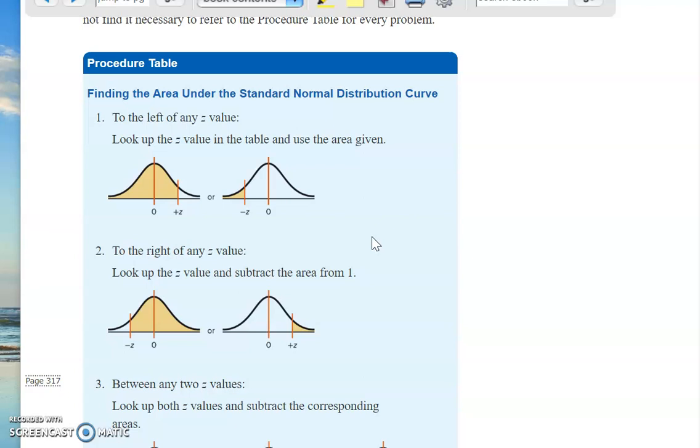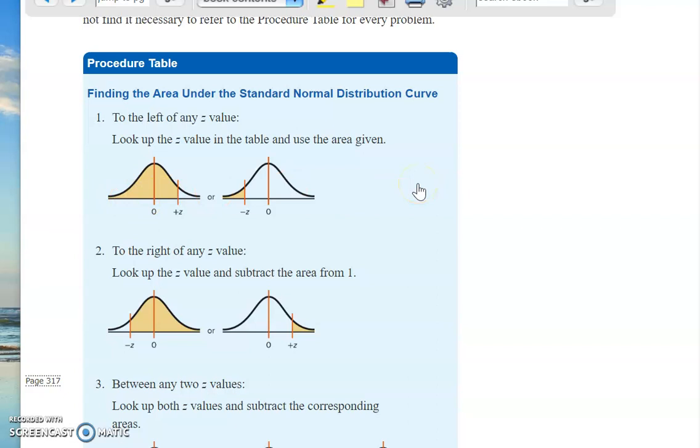The way we make these tables is they give you a z value, and then in the table itself, it gives you a number that tells you the area under the curve to the left of the z value. So if you want to find the area to the left of any z value, we'll see here in just a second how you do that. You find the z-value, and then the table itself gives you that area to the left.